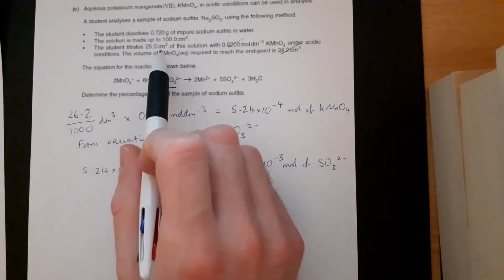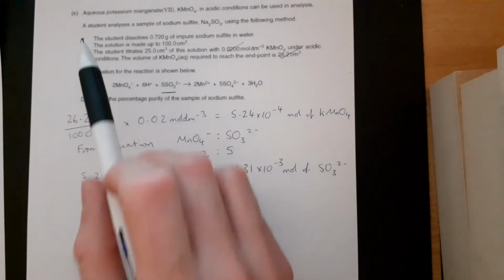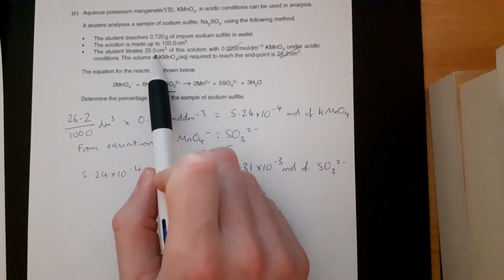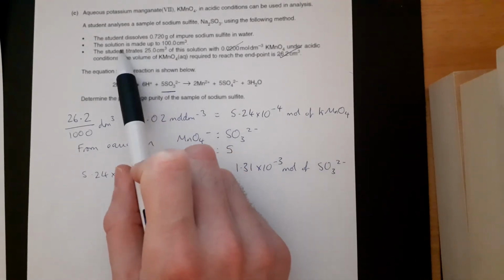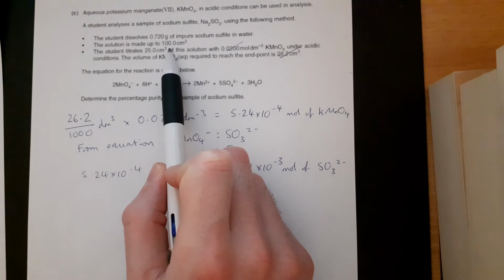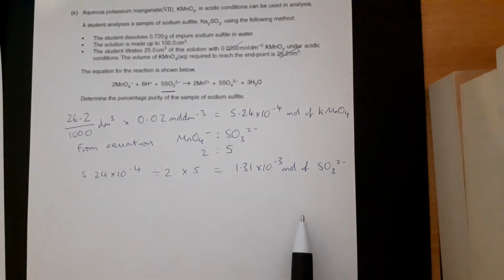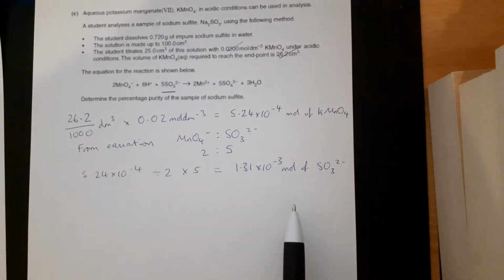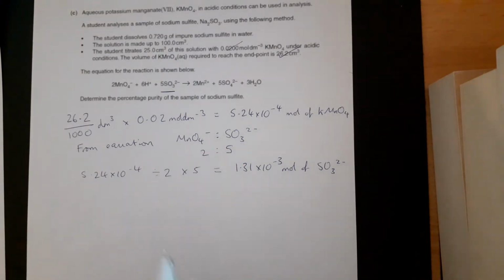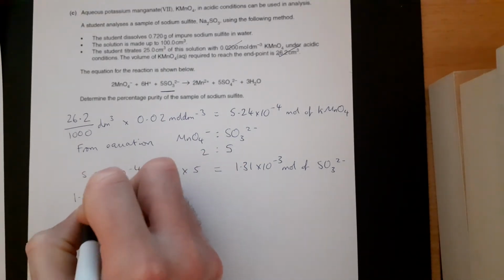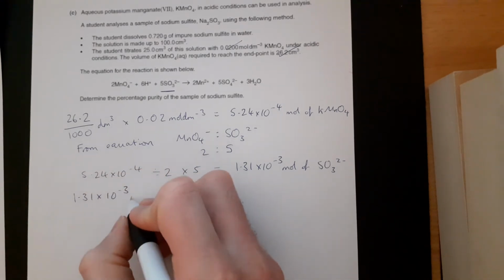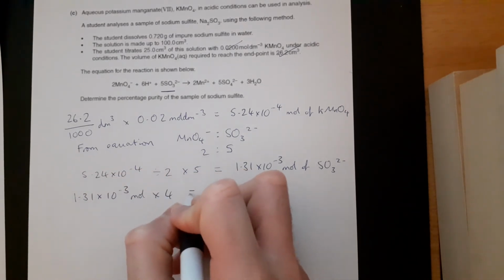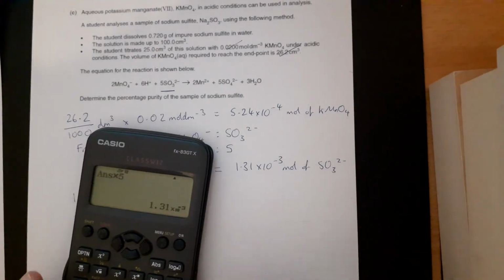We haven't done anything with these volumes. Right, this matters because this was 25 centimeters cubed, but the original solution was 100 centimeters cubed. Okay, so we're going to need to get the moles in the original 100 centimeters cubed, we're going to need to times this by 4. Let's just do that.